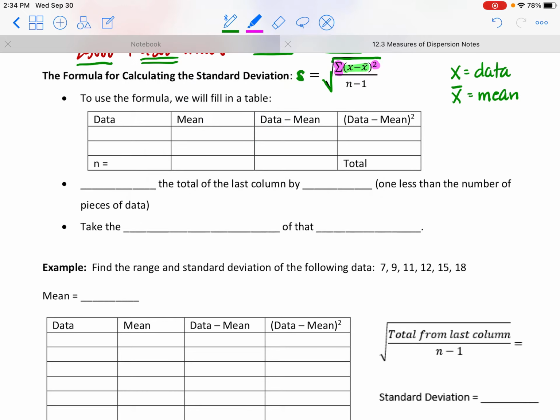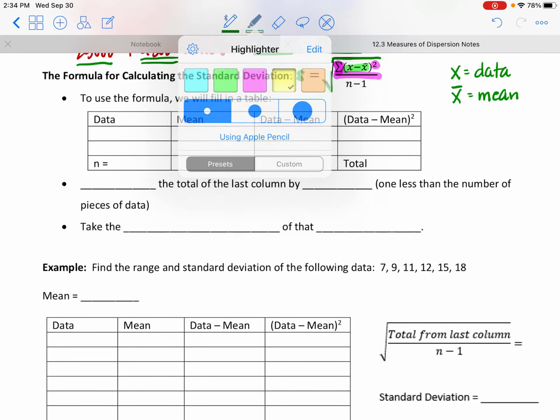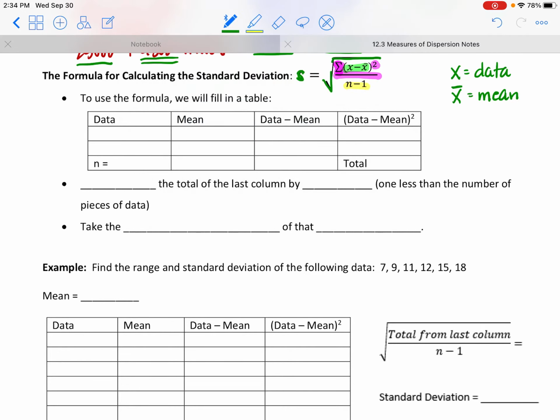Well, we actually have to square them first. So subtract each data piece from the mean, square the result, find the sum of all those things, and then divide it by n minus 1, where n is the number of data pieces. Now, the formula all by itself is already pretty darn complicated.